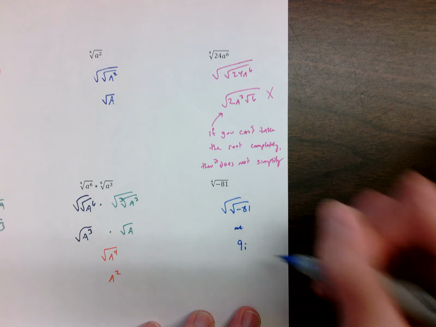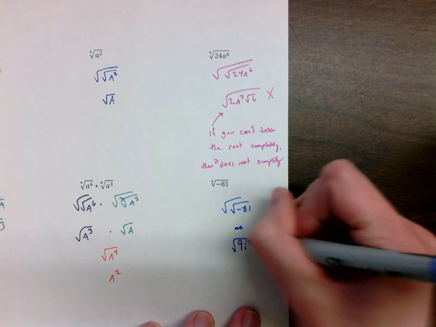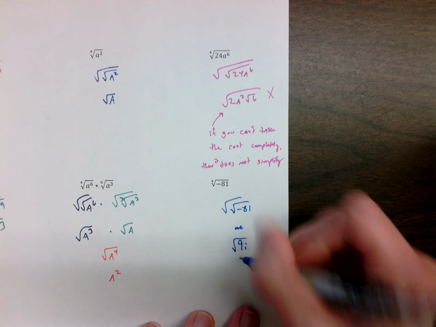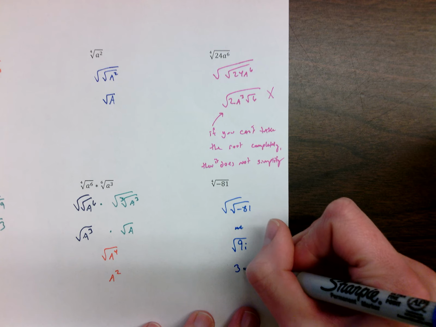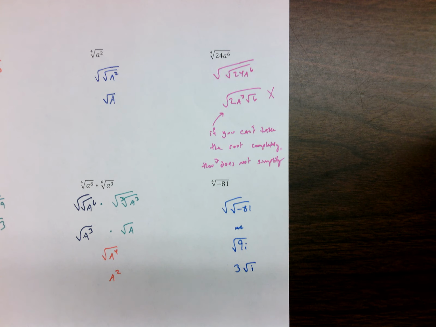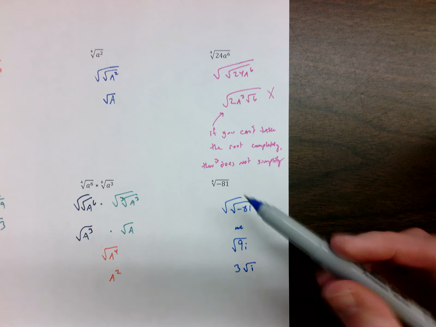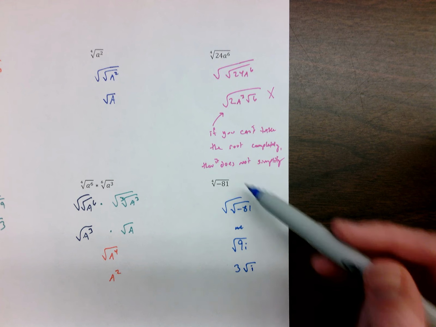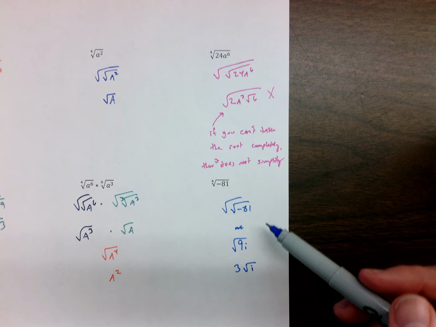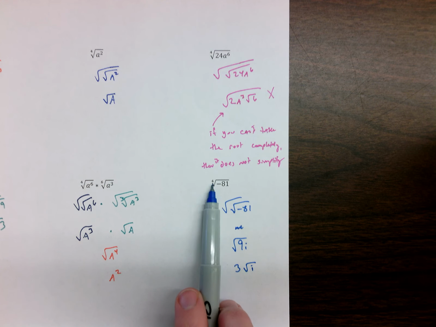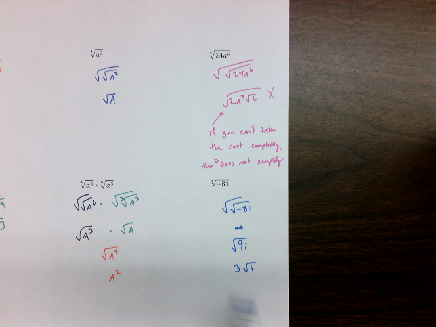It's 9i, right? So I'm down to the square root of 9i, which simplifies to 3 times the square root of i, right? So when we look at this partial root rule, this lets you see a little bit better why, when we're taking higher powered roots, we don't simplify things with imaginary numbers.